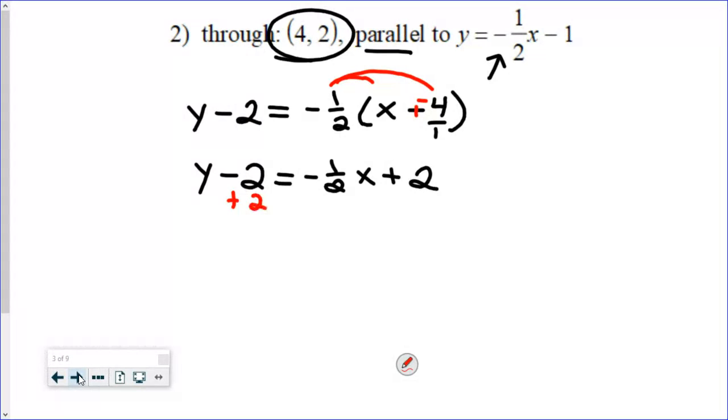Then I'm going to add 2 to both sides, and I have -1/2 x plus 4. And that's the equation of the line through the point 4, 2, and parallel to the equation y equals -1/2 x minus 1.